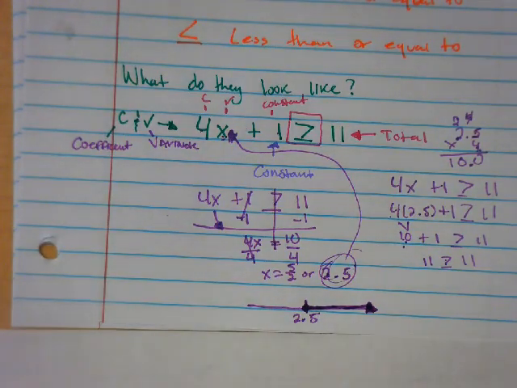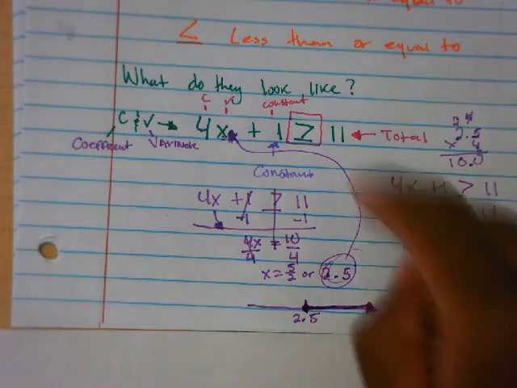In class, we're going to discuss much more about what it means to be a possible solution, about number lines, and about the inequality signs. But I do want you guys to know that the way you solve them is to treat it like a two-step equation.